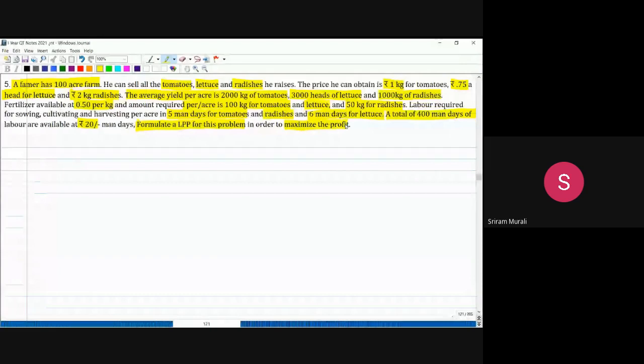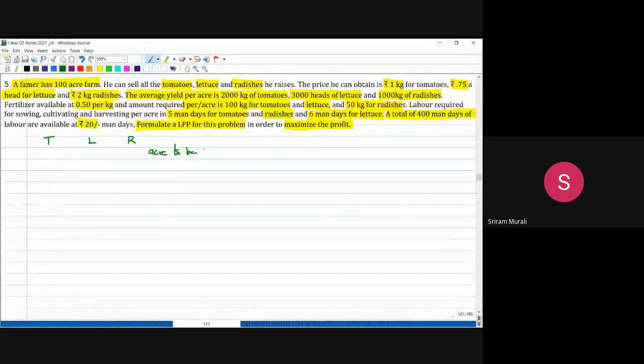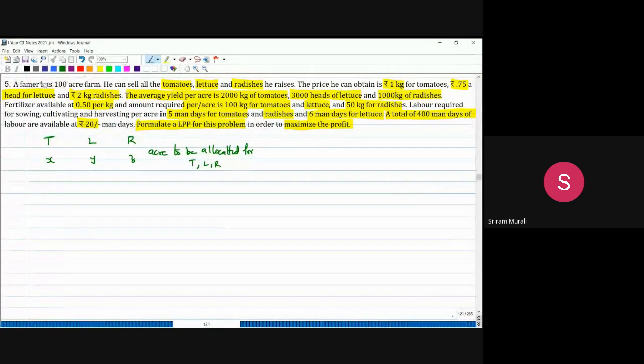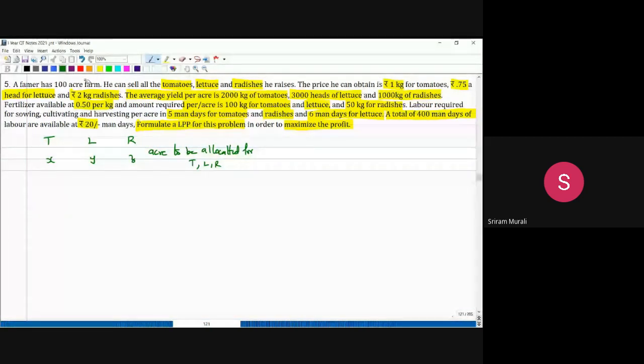So what is first given to us? Three components: tomato, lettuce, and radishes. I do not know how many acres of land are to be allocated to the three, that is T, L, R, so that is X, Y, and Z. He has a 100-acre farm, and the farmer doesn't have an idea what amount of land to give to tomato, lettuce, and radishes.